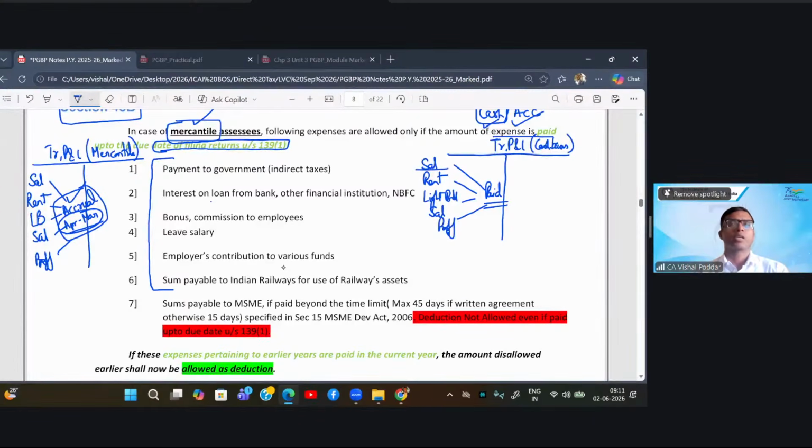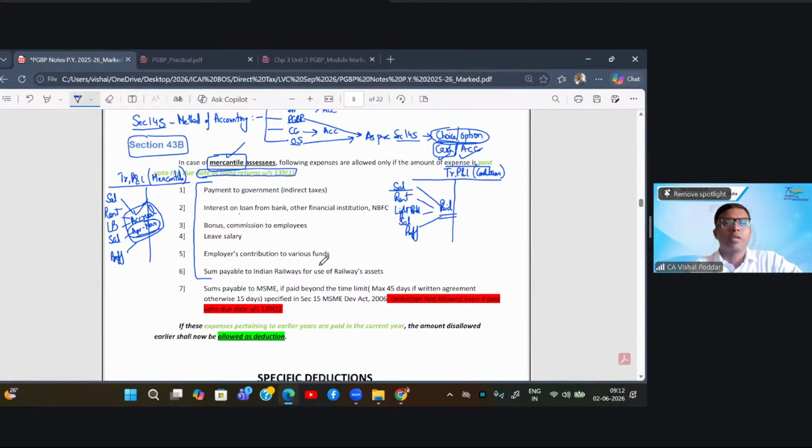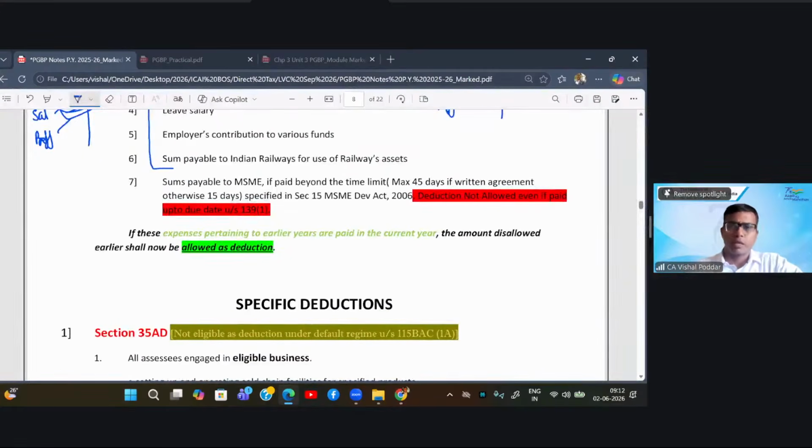We will allow deduction if they are actually paid. Till when? Either during the previous year itself, best, if not, up to the due date of filing returns. But it should be paid. It cannot remain outstanding beyond that. If it is remaining outstanding beyond that, we will disallow. But again, this is not a permanent disallowance.